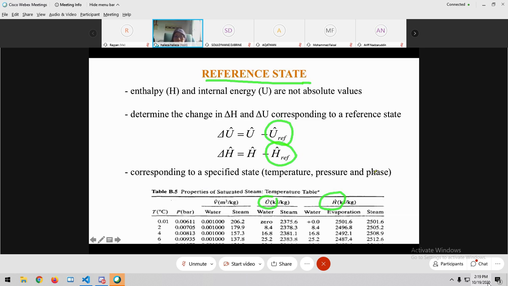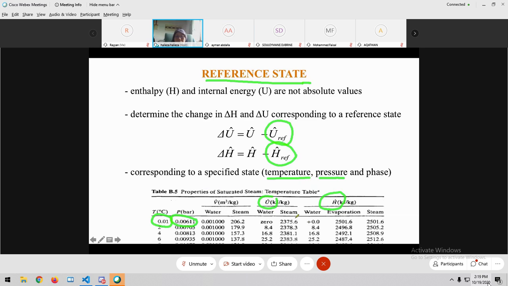You need to specify the reference temperature. What temperature? 0.01 Celsius. Okay. What is the pressure? 0.00611 bar. Okay, that's the pressure.